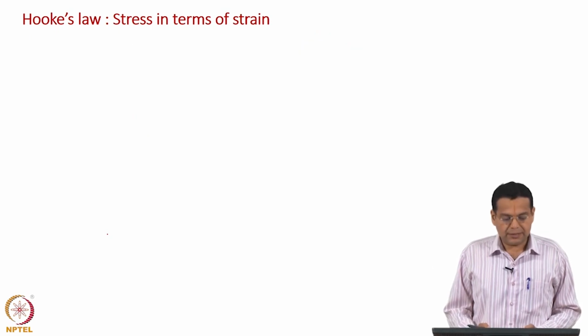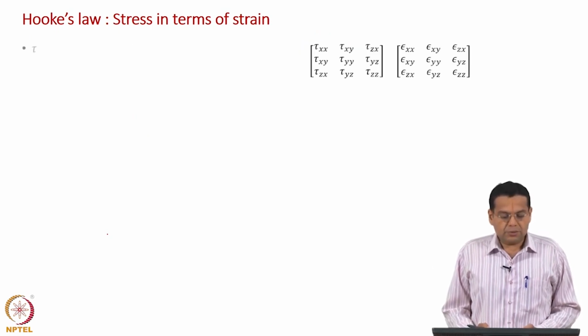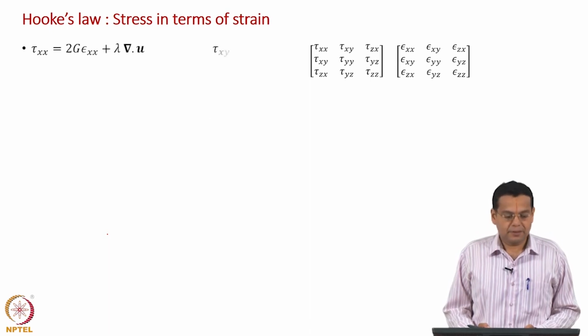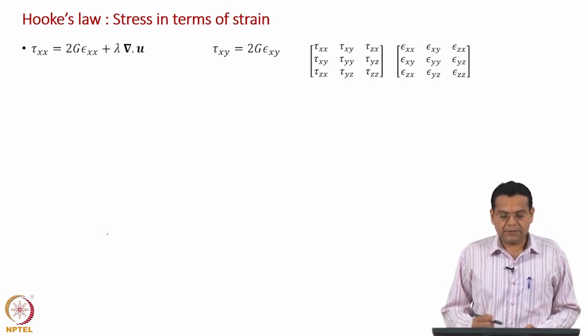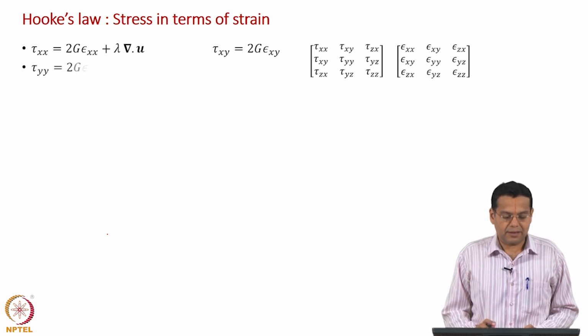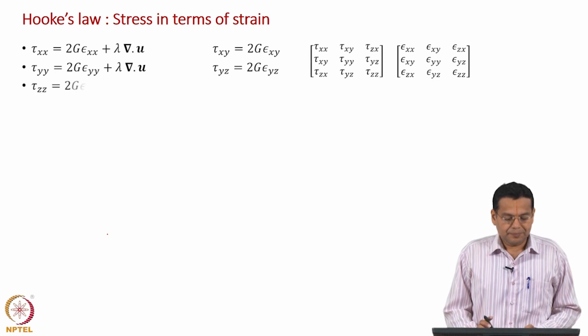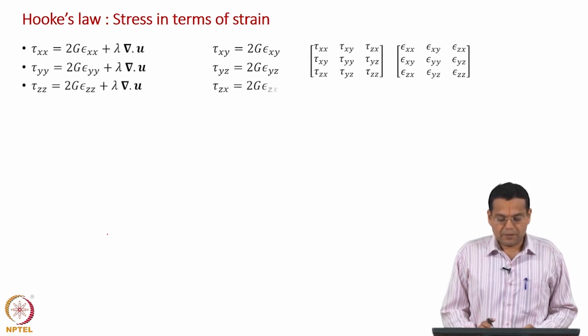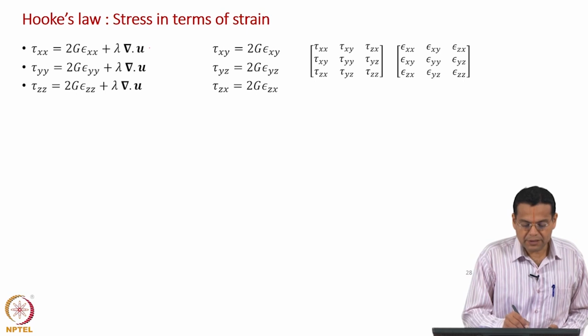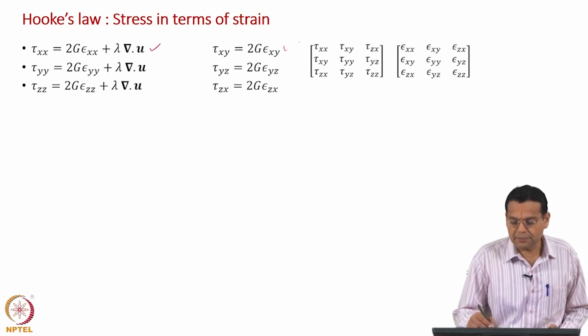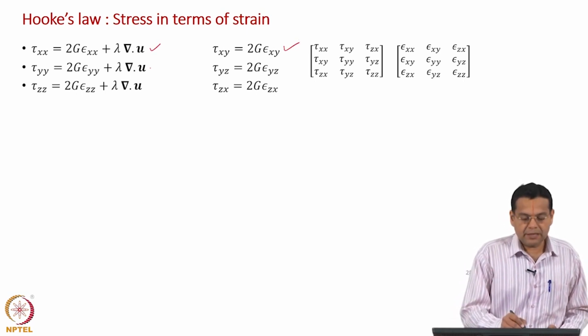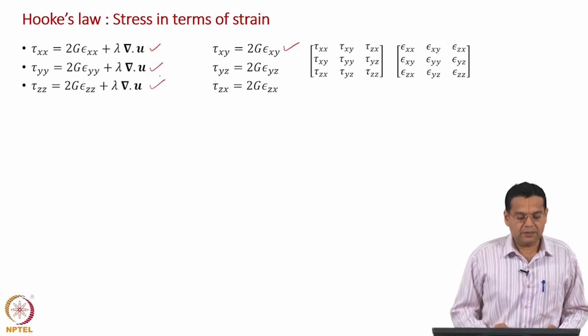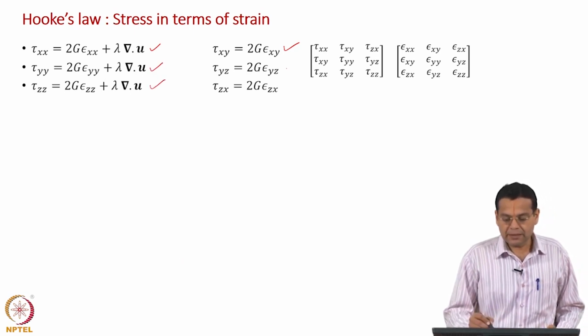Now, let us extend these to other directions. Let us write this analogously for other directions. The equations written in the first line are what we have seen in the previous slide, written here for the y direction and z direction normal stresses, and the shear stresses tau yz and tau zx.